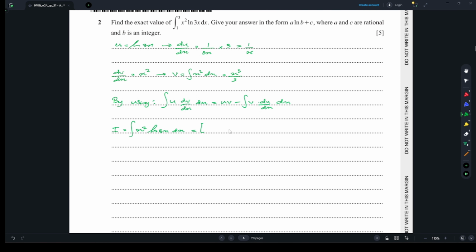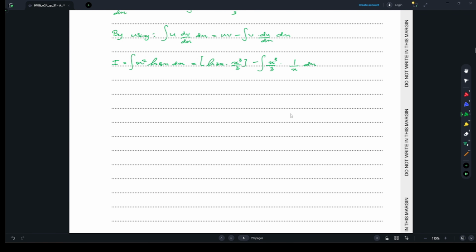So u is ln 3x, times v which is x cube over 3, minus the integral of v, which is x cube over 3, times du over dx, which is 1 over x dx, right?